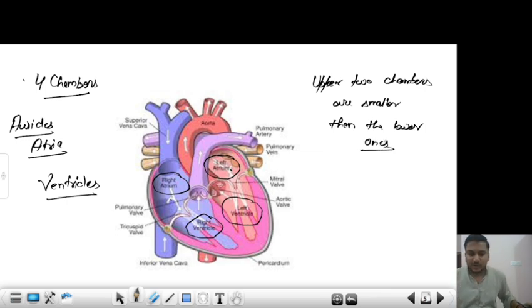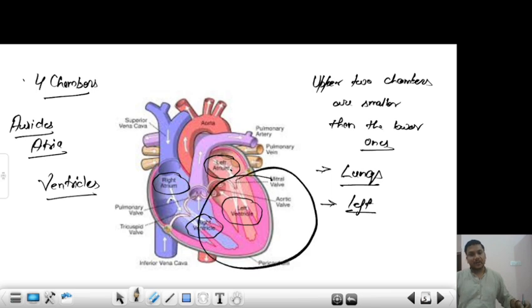And if we talk about the location of the heart, it is present between the two lungs and slightly tilted towards the left. So you can feel heart in the middle of the body, but its lower part, that is left ventricle, is slightly bigger in size, and that is why it feels left in the body.